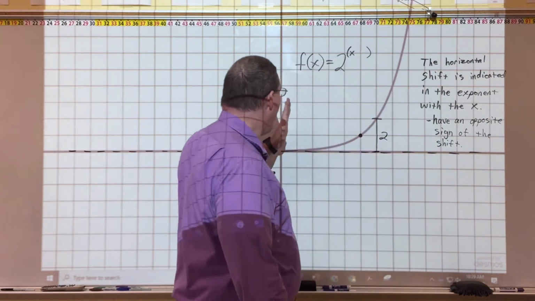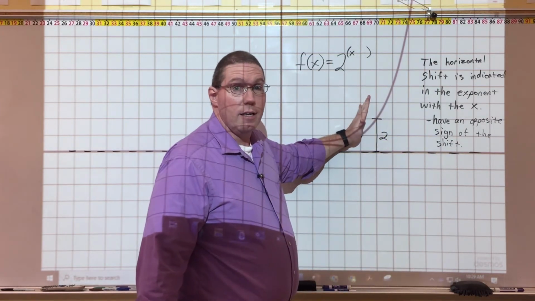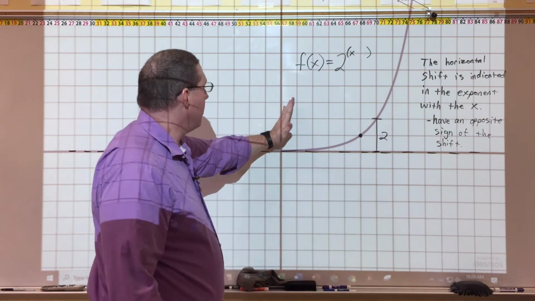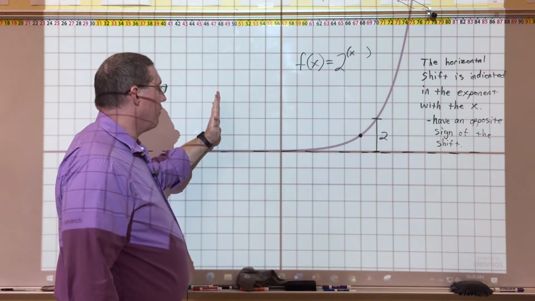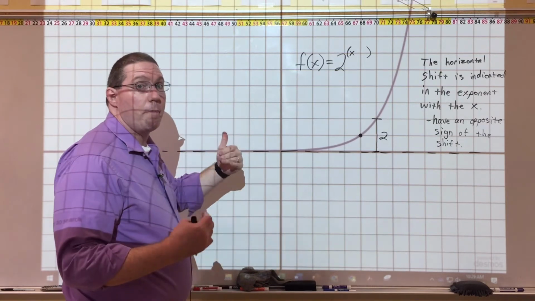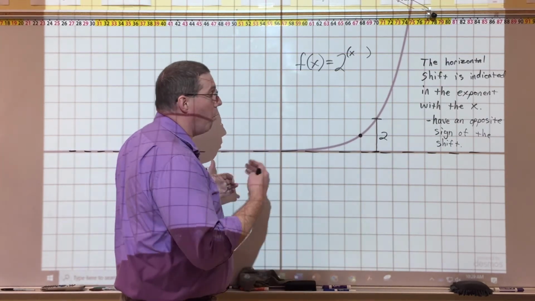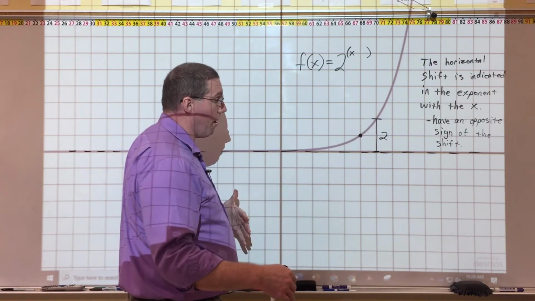So, if we have a positive shift to the right, it's going to have a minus instead of a plus. If we have a leftward shift, okay, if we have a negative shift to the left, it's going to have a plus instead. Now, you may remember that concept when we did polynomial graphing, right?